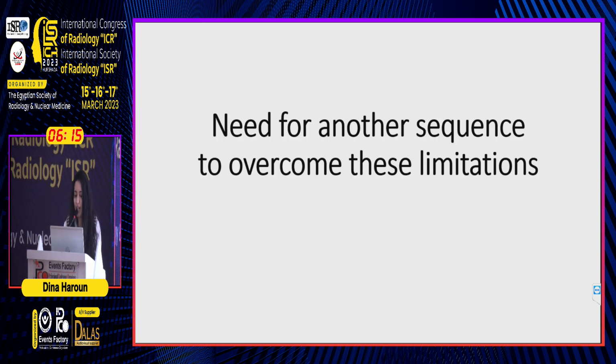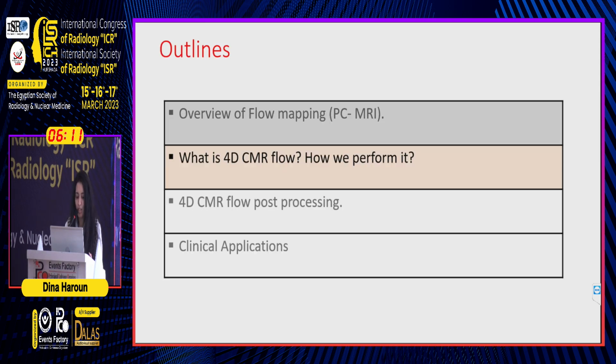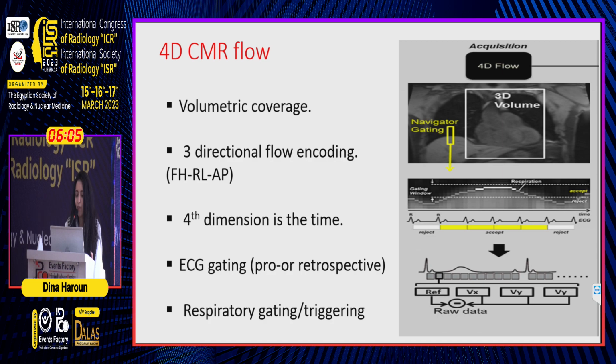So here arises the need for another sequence to overcome these limitations. Here we found the need for the 4D flow. The 4D flow method of acquisition is through acquiring volumetric coverage, like we see here, volumetric coverage across the heart in a 3D volume, and it's respiratory gated.